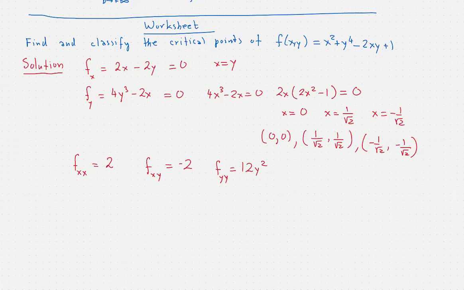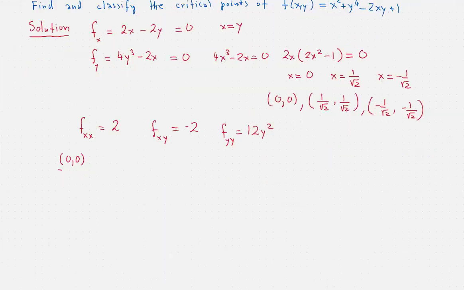So for (0, 0), we have that the determinant is going to be 2, 0 here for f yy, and then negative 2 and negative 2, which is going to give us minus 4, which is less than 0, and this means that this is a saddle point.